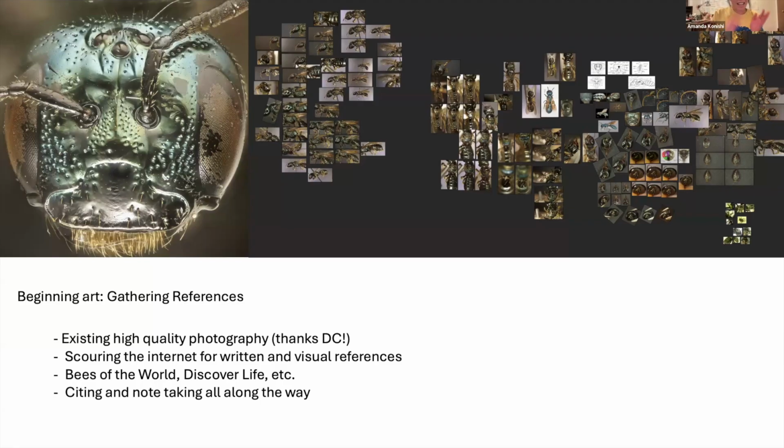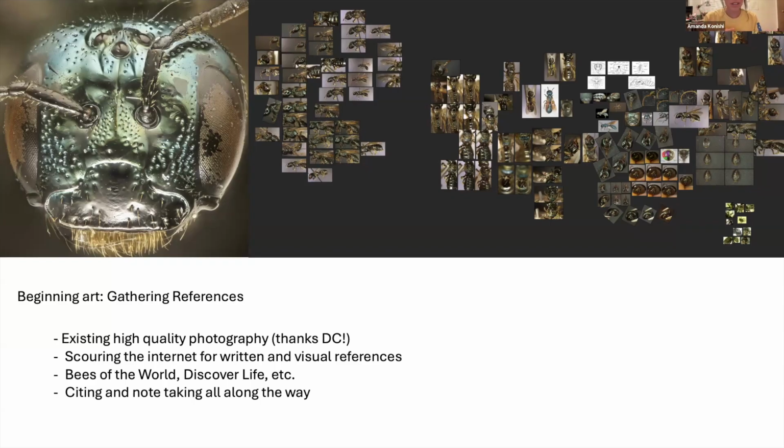So with that, I will get into it. I'm going to talk a little bit about the process of making these illustrations with y'all. I'm just going to dive right in to beginning this art process. The first stage for me is not even usually art making proper. It's actually gathering references. What that consists of, in this case especially, is gathering existing high quality photography, thanks to David, who had some of that on hand ready to go.